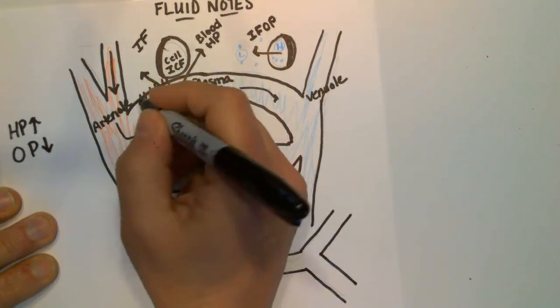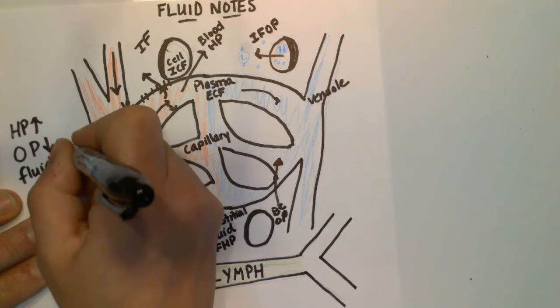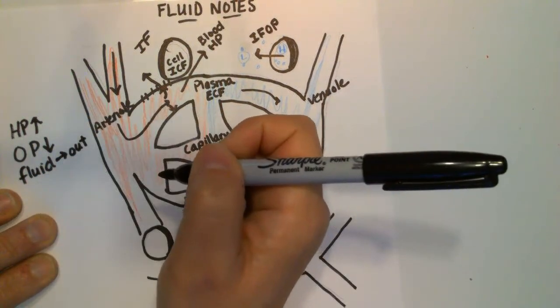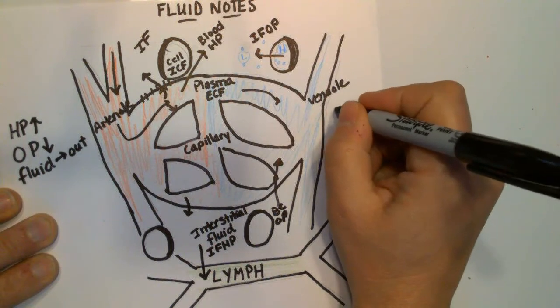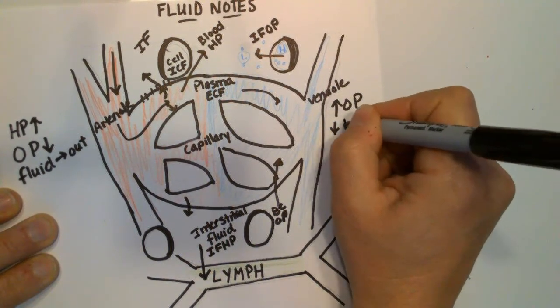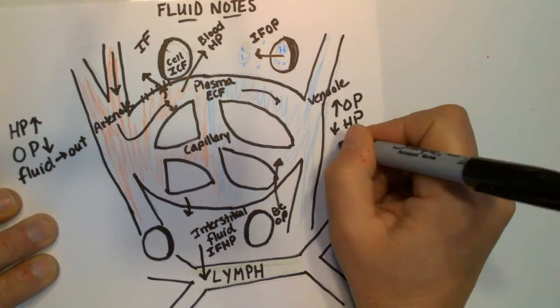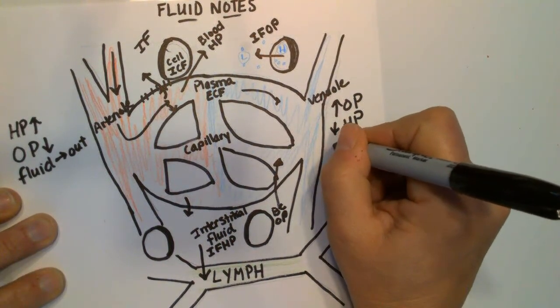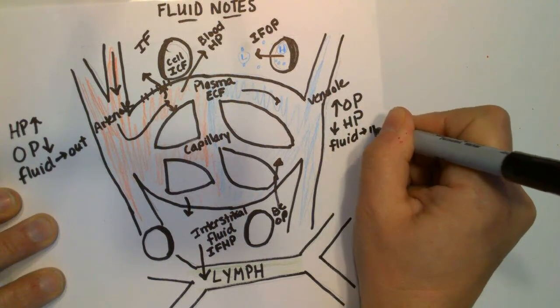So fluid will end up getting pushed out. Fluid goes out. And on the venule end, it'll be the opposite, right? You're going to have a really high osmotic pressure, but a low hydrostatic pressure, and that's going to allow water to be reabsorbed. So fluid will go in.